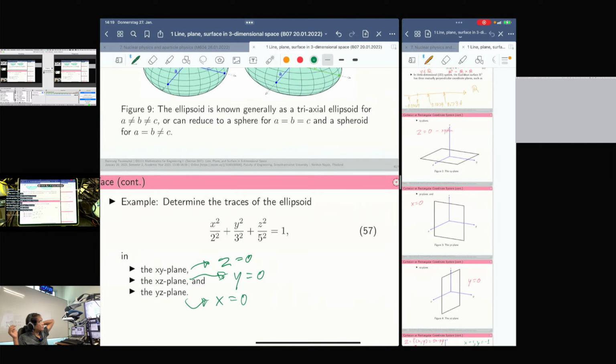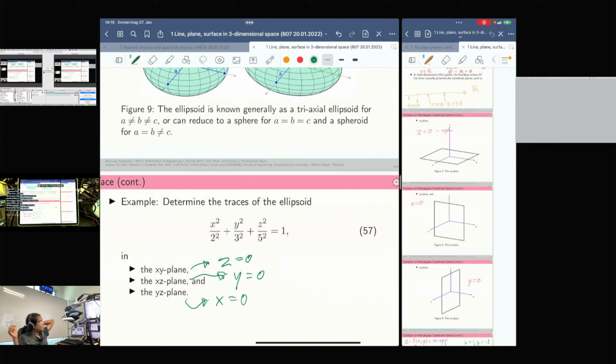B is the constant that describes how far we go from the origin along the y-axis. C describes how far we go from the origin along the z-axis. From this equation, A, the distance along the x-axis, will be only equal to 2.